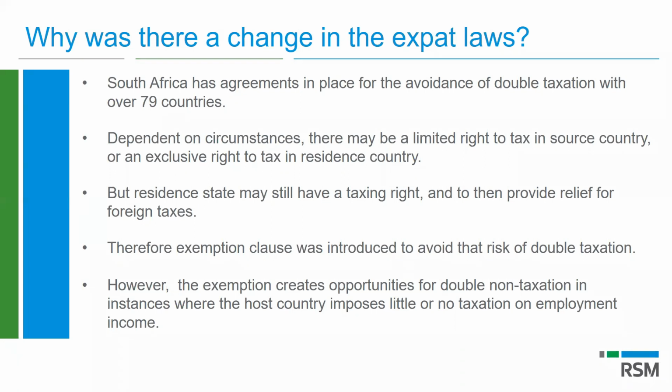The reason this would come about is where an individual is working in a host country that imposes either very little or even no taxes on employment income. Now, that position of double non-taxation is obviously quite contrary to the concepts being attacked by the BEPS project. That is the base erosion and profit shifting rules, where they're trying to ensure that people aren't able to manipulate their affairs and the jurisdictions where their income is taxed.